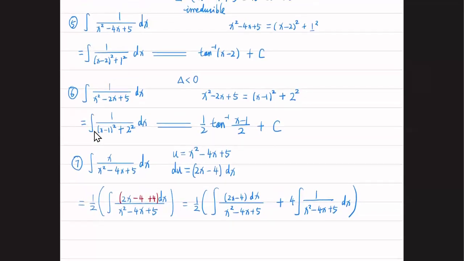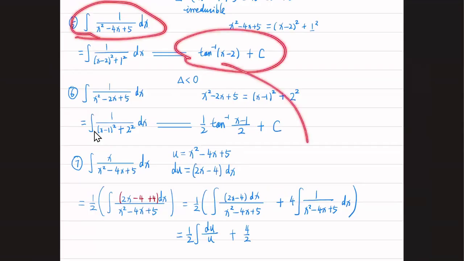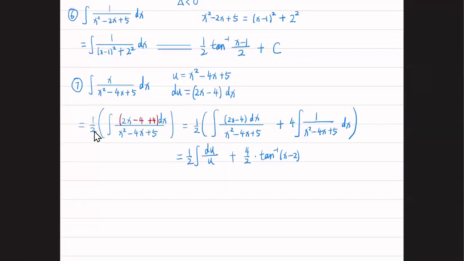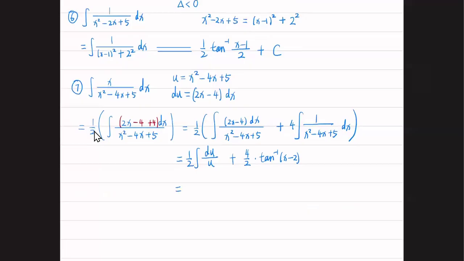So the first one is a substitution: 1/2 of du over u. Second half, 4/2, and we copy the result we had over there. We have integrated it, so we can copy the result. Now the first one is easy, we know it's a logarithm, and the integral of a constant.